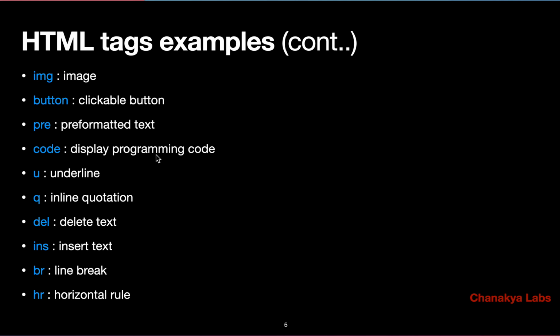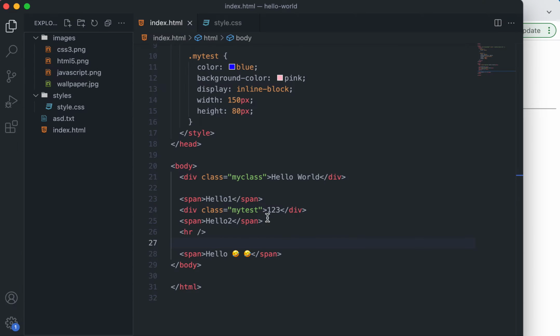let's see some more HTML tags. We saw line break and horizontal rule. This we already just now saw. Let's see from below: delete text and insert text. So del is a tag. If you apply this tag on some text, then it gives crossed text sort of thing.